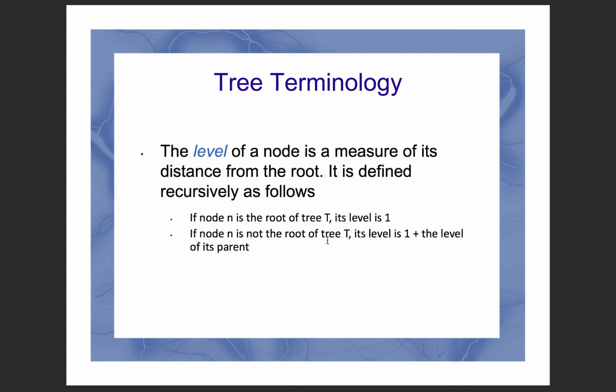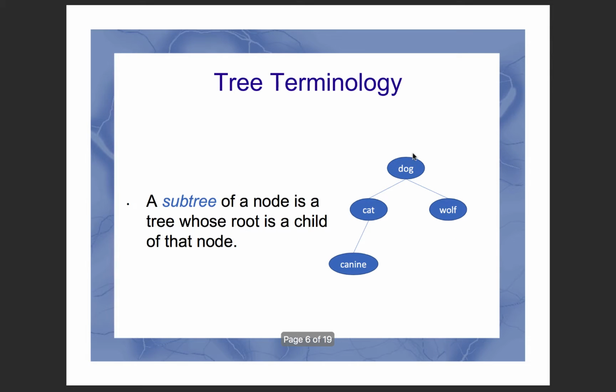If node n is not the root of the tree, then the level is 1 plus the level of its parent. So level is 1 plus the level of its parent. It's kind of a recursive definition. So how do you calculate level?